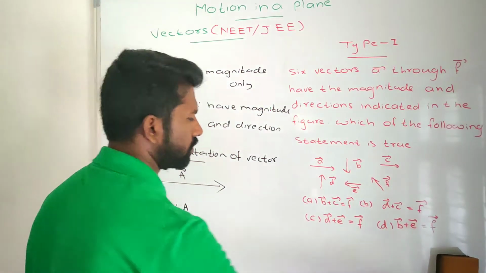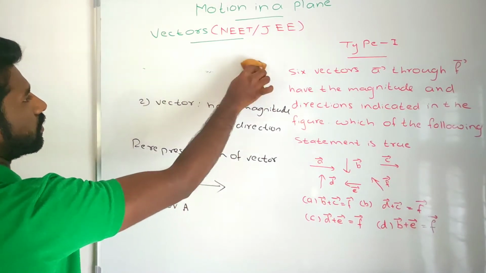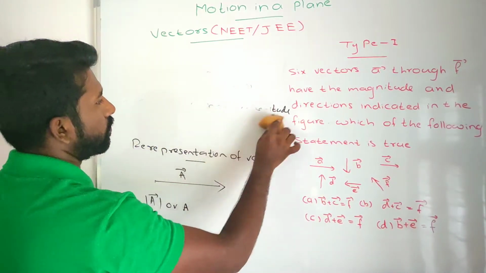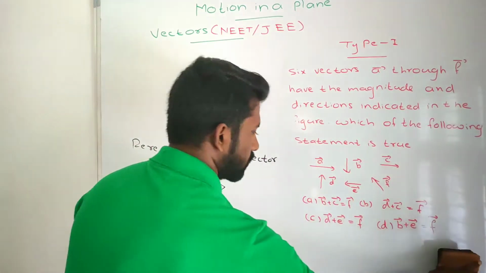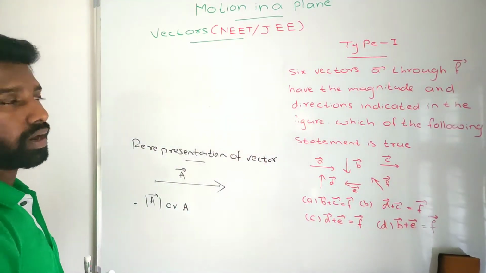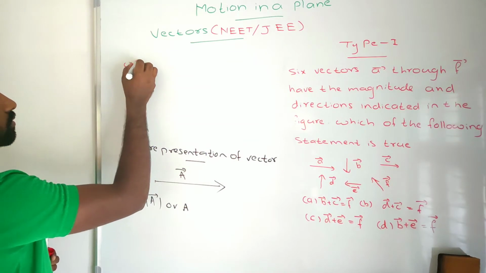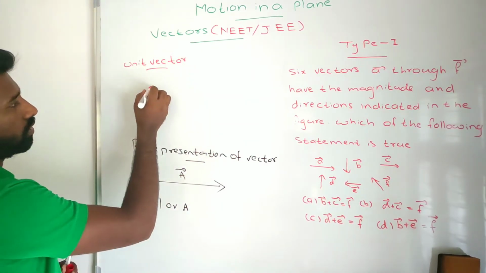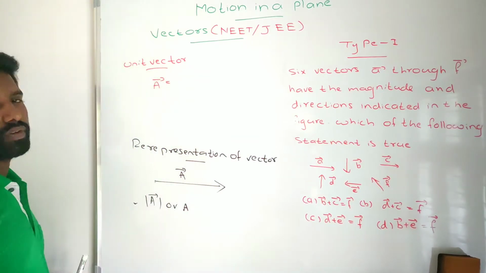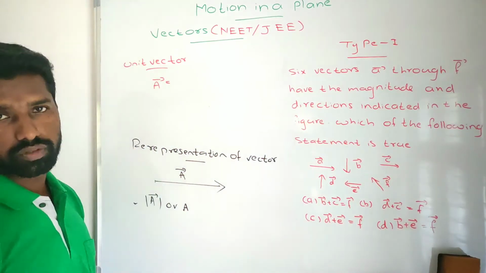Another thing is the unit vector. What is meant by unit vector? A unit vector has magnitude unity. The unit vector of a vector gives the direction of that vector.